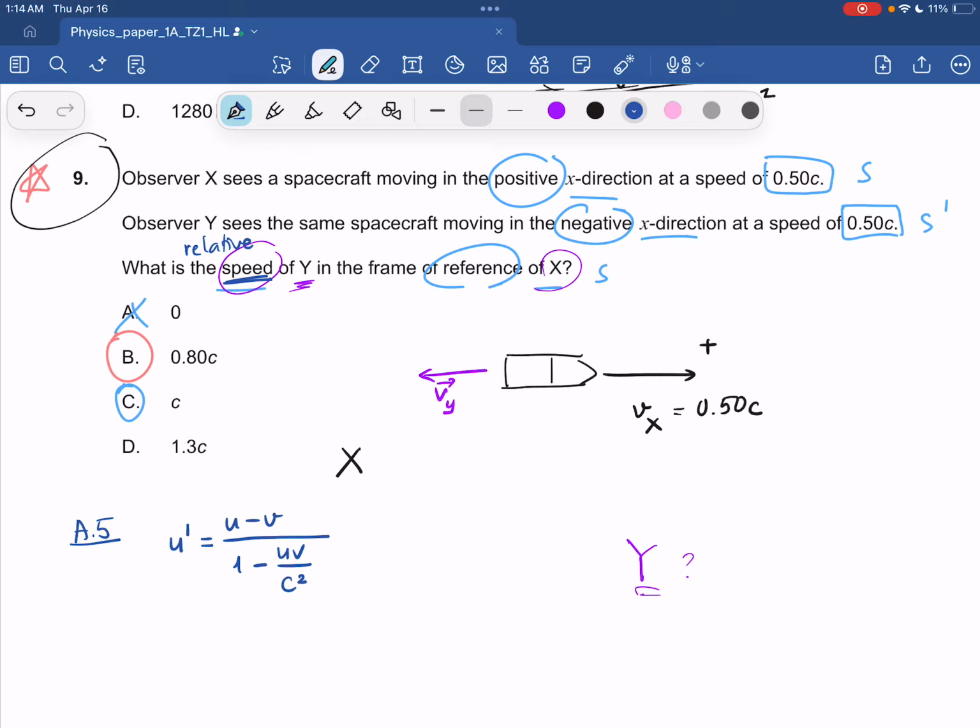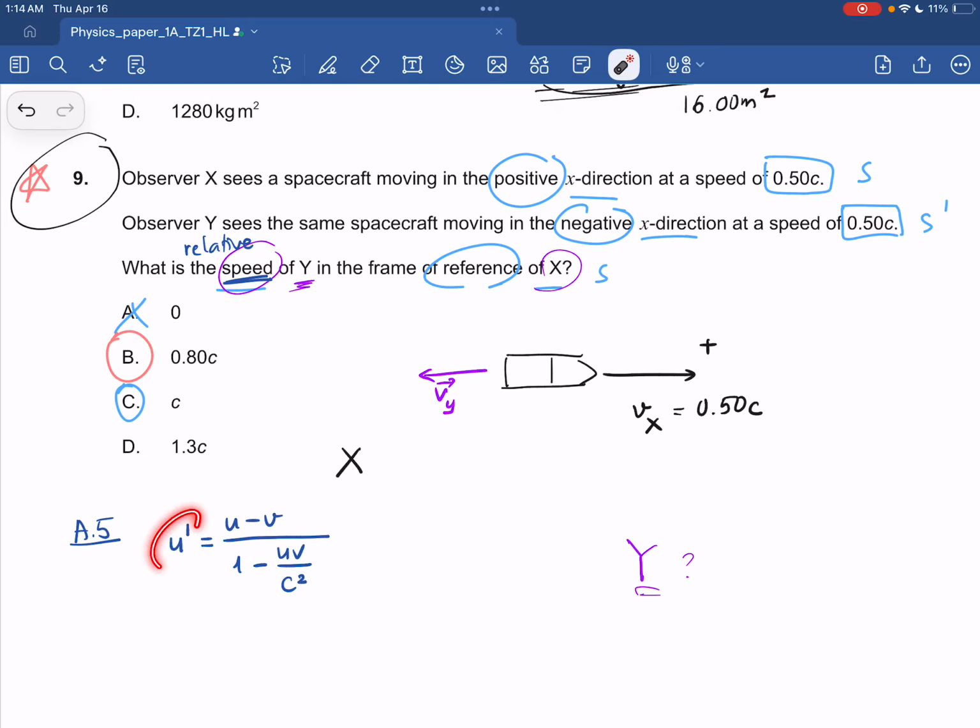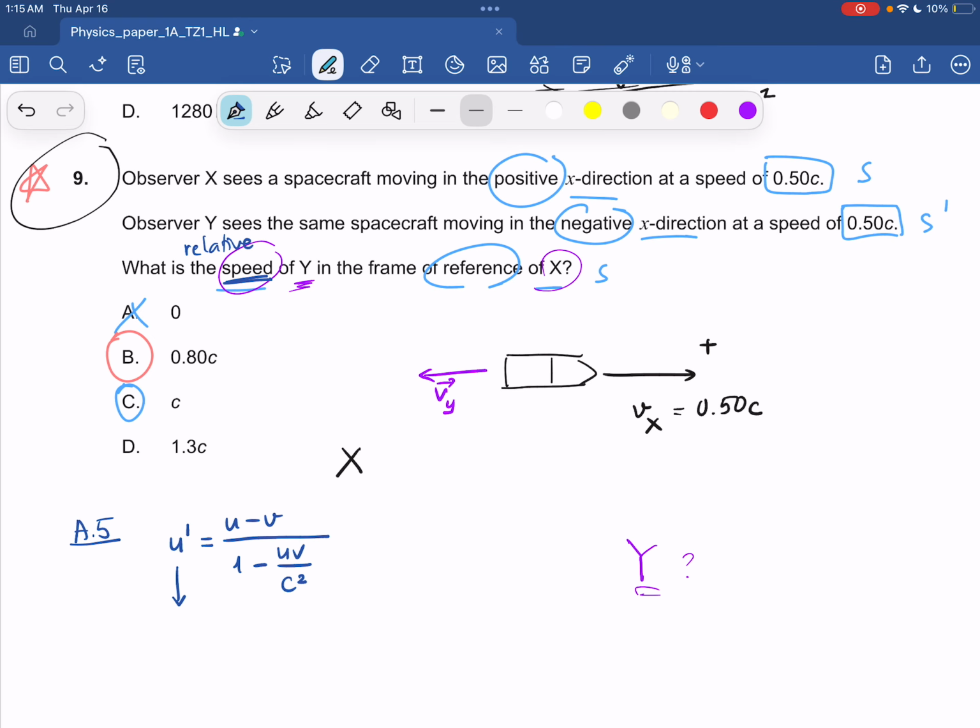Let's say u prime is in the S prime system, which is to do with Y, right? So this is with the Y and it should be negative, so negative 0.5, half of the speed of light. And then what is the u?